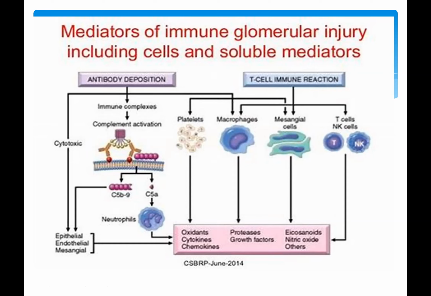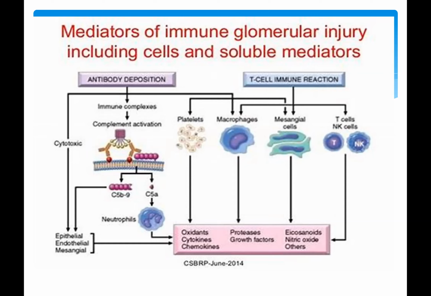If you will recall, this is what we call the membrane attack complex. Whenever you form the membrane attack complex, it is expected that the endpoint will be cell lysis. So cell lysis, in addition, may stimulate mesangial cells to produce oxidants, proteases, and other mediators, thereby leading again to injury.